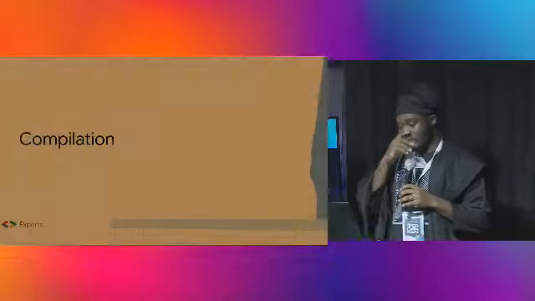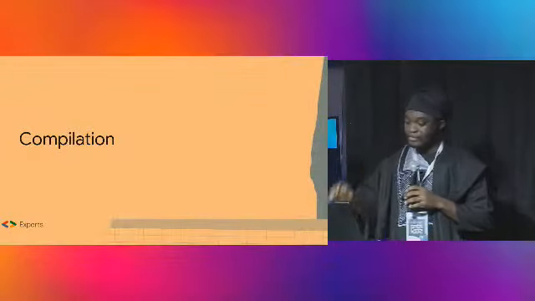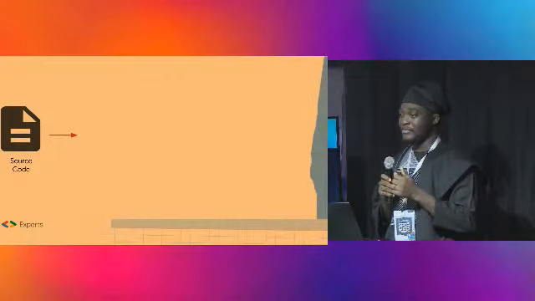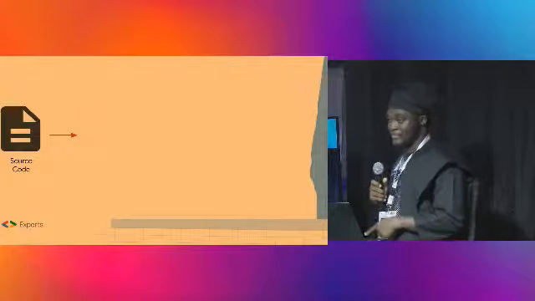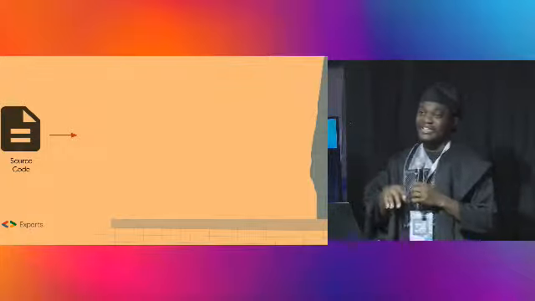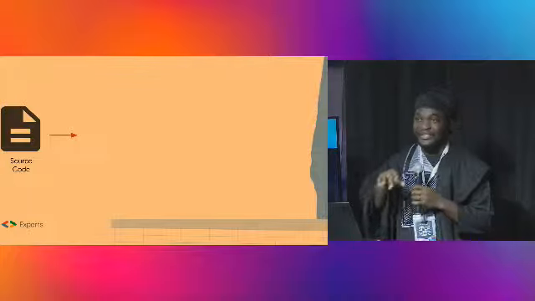So let's start with compilation. First we have the JIT compiler. So what's the JIT compiler? JIT stands for just in time, meaning your code is being compiled exactly when you need it.